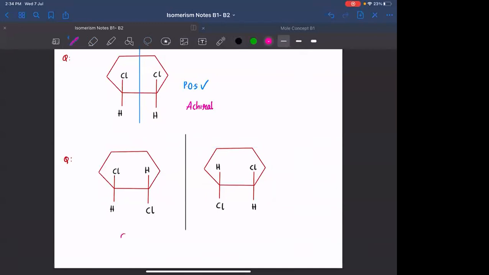So this is chiral. Any doubt, anyone? Everyone, any doubt?